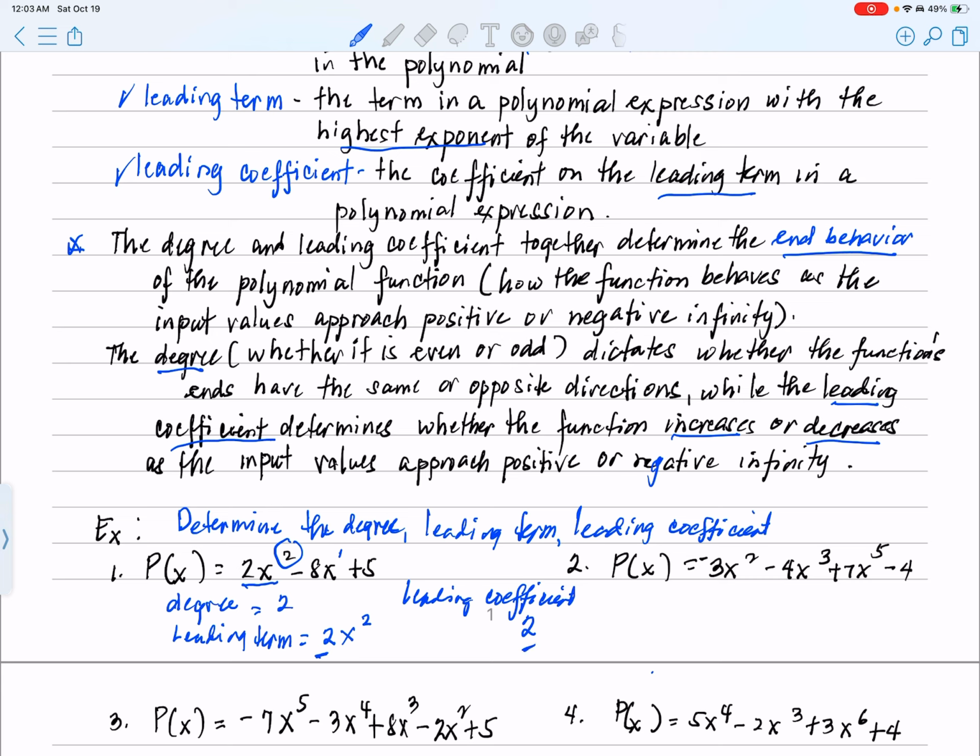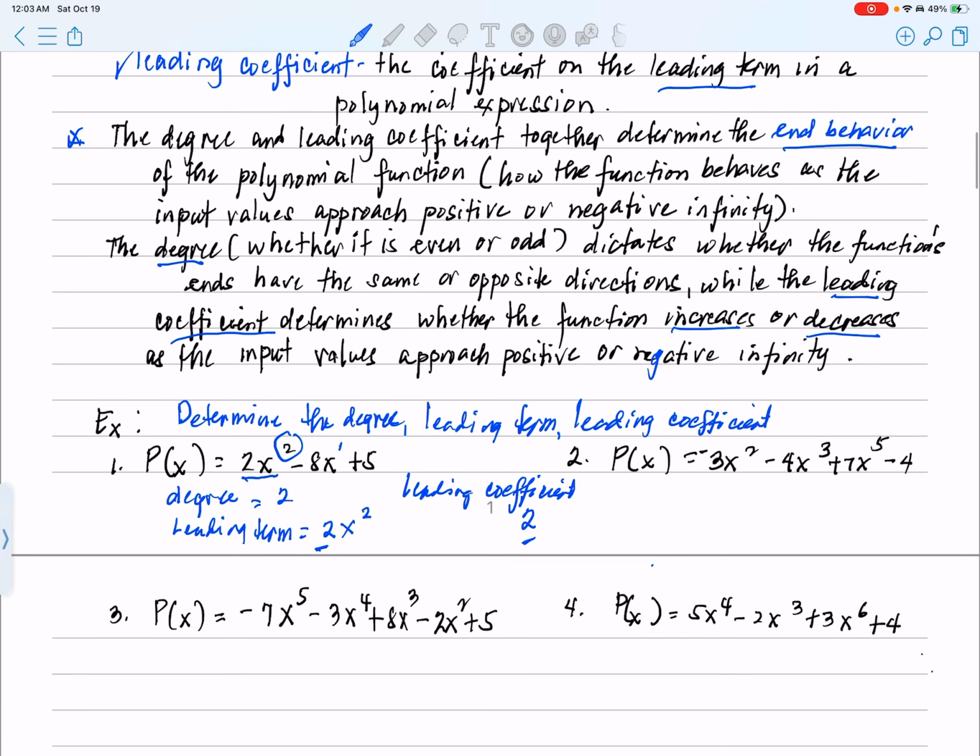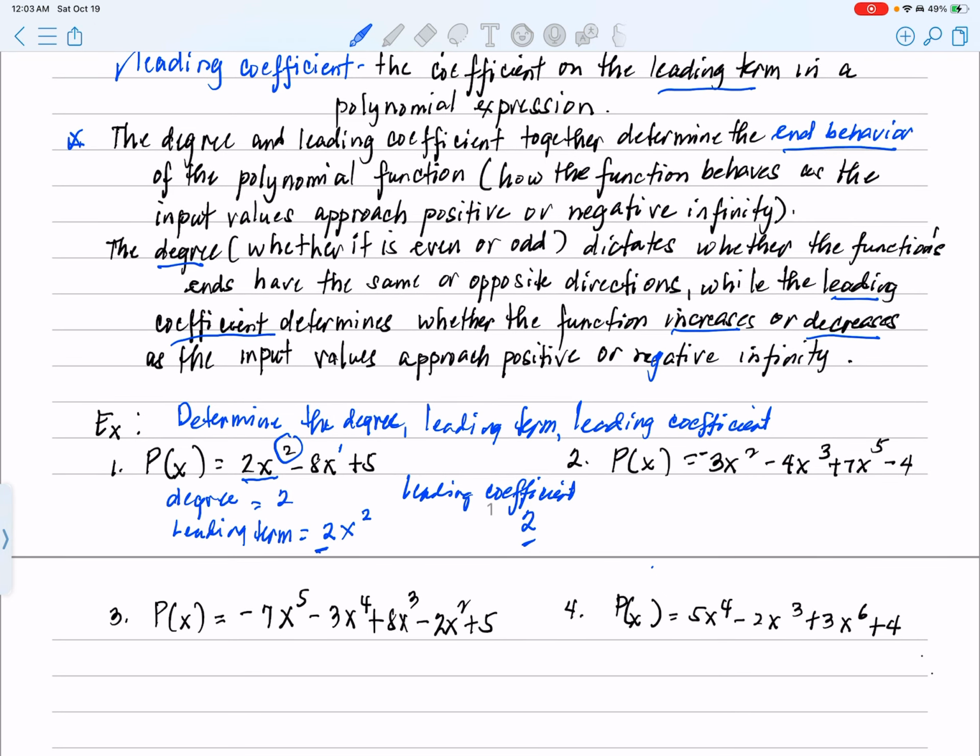Okay. Let's do number 2. P of x is negative 3x squared minus 4x cubed plus 7x to the 5th power minus 4. If you try to observe, the degrees are not in order. 5 is right here. That's the highest.